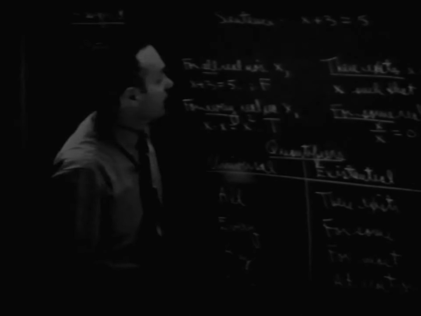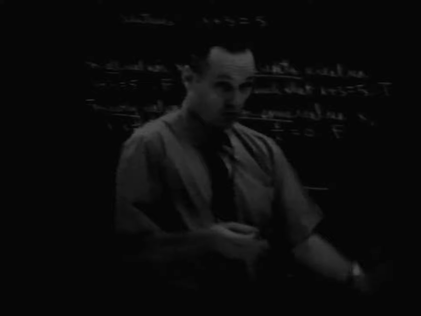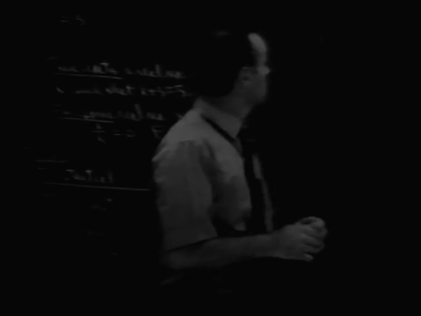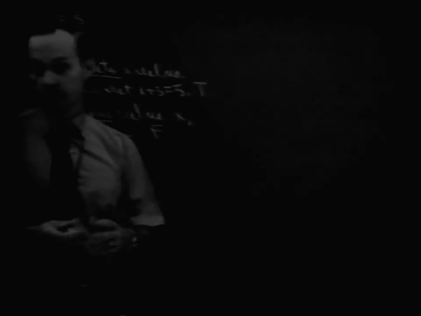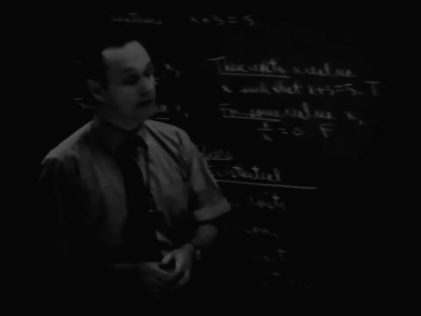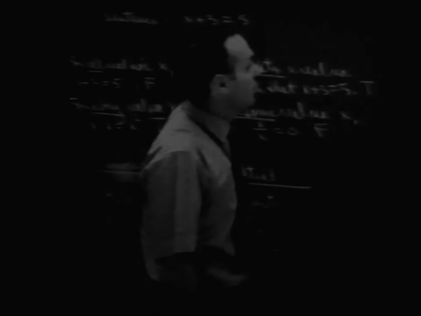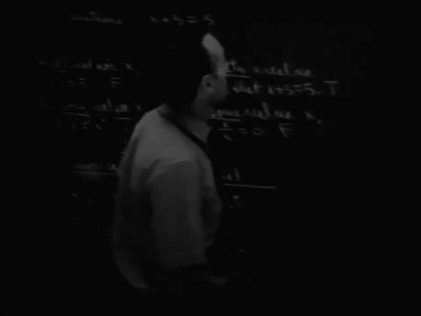And we can use some of these quantifiers to help us with our set notation when we're talking about sets. Let me write an example, and I think you'll see what I mean. Let's start up here.